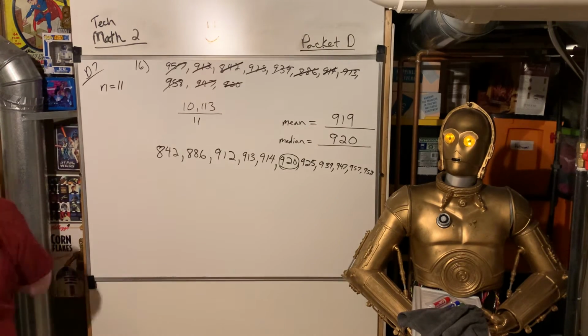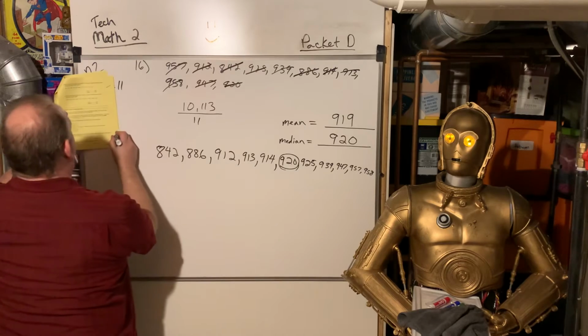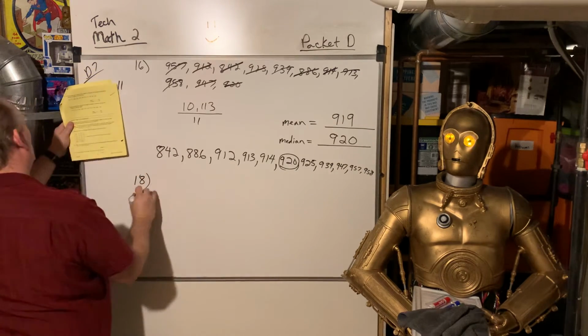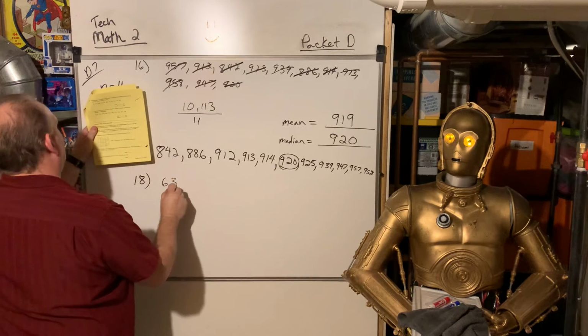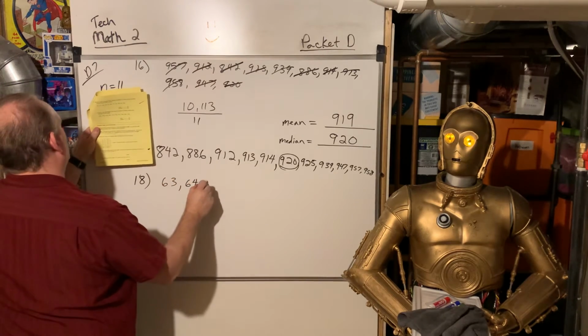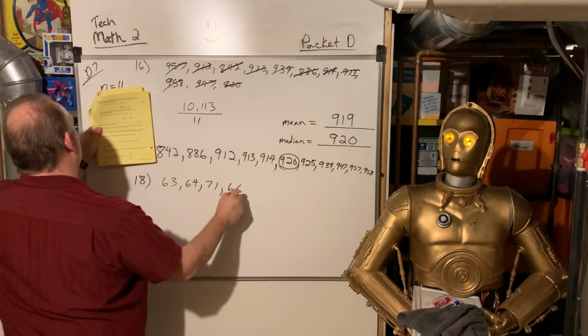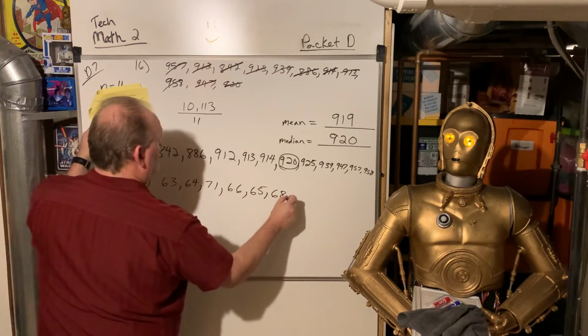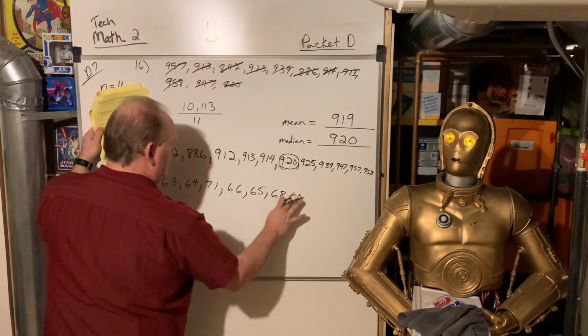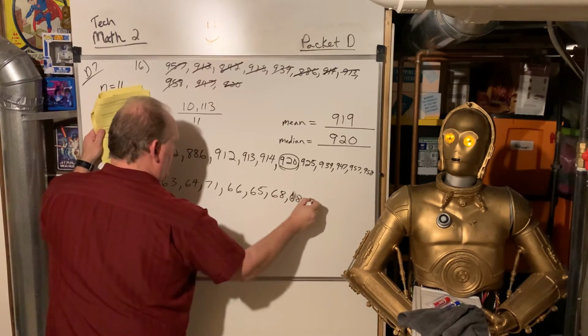So here, let's do number 18 on the same page. For the mode, you're not going to have to worry about doing histograms and stuff like that. They have you going through the calculator and doing histograms. We don't really need to do that. 68, 68, and 71.